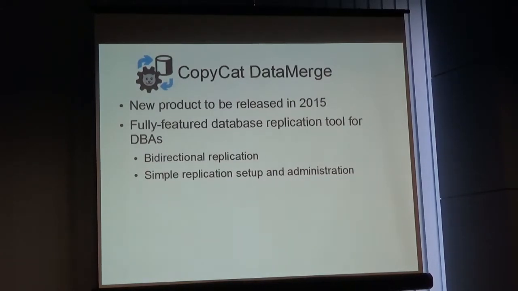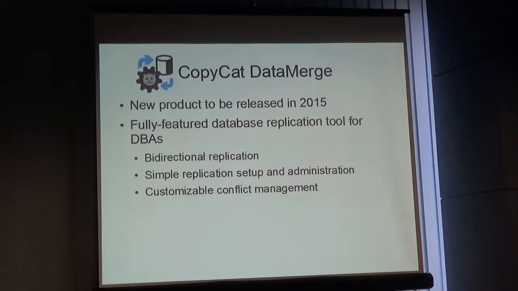And conflict management, customizable, because I didn't show you, but in the developer components, you have an event that fires when a conflict is detected, so you can implement your own custom scheme or do whatever you want, depending on the table or depending on whatever makes sense for you.